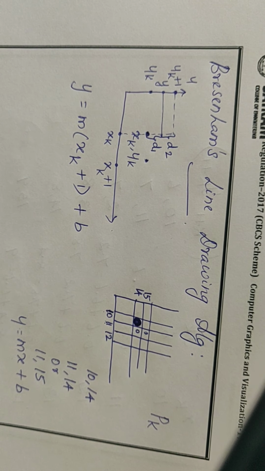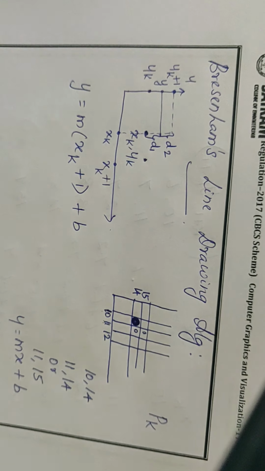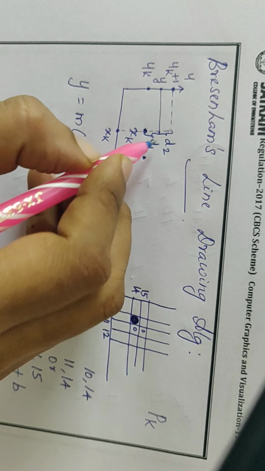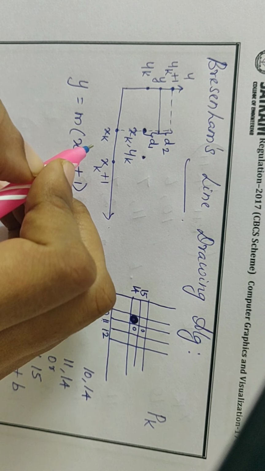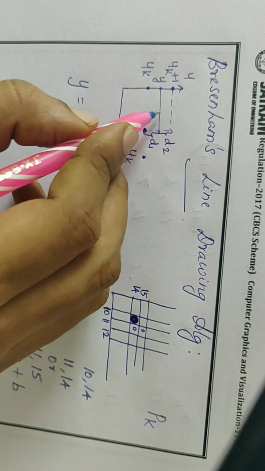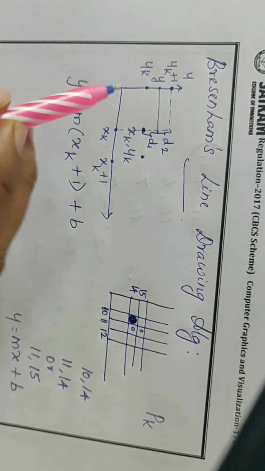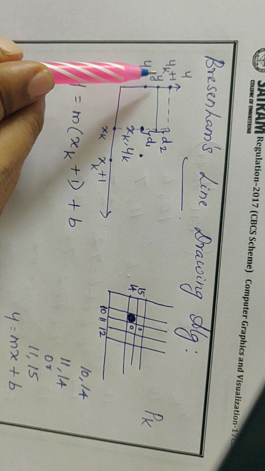The decision parameter is directly proportional to the difference of distance of separation between two pixels. Between these two pixel locations, I have taken a reference value. This reference value I have marked as 1.